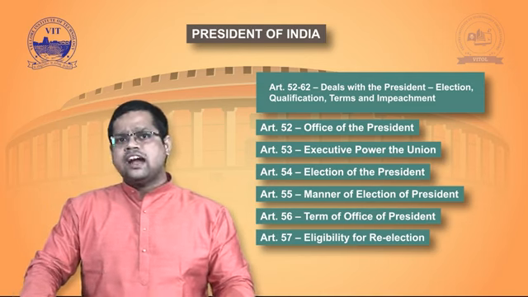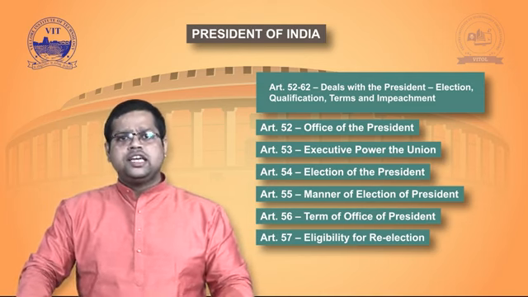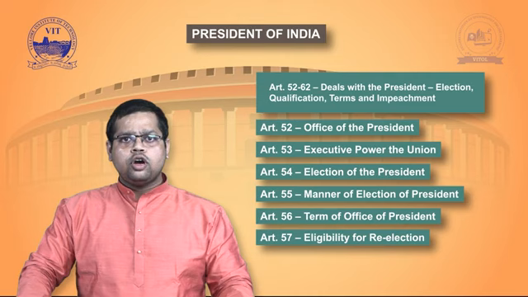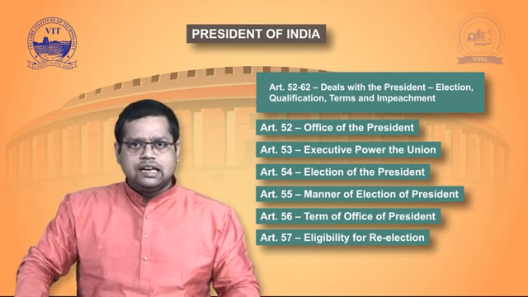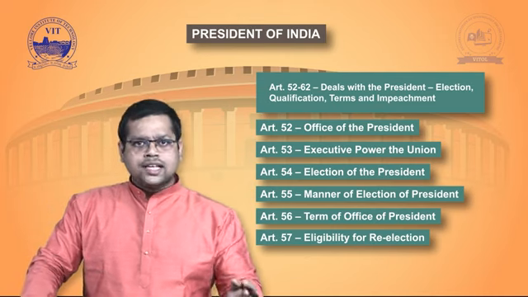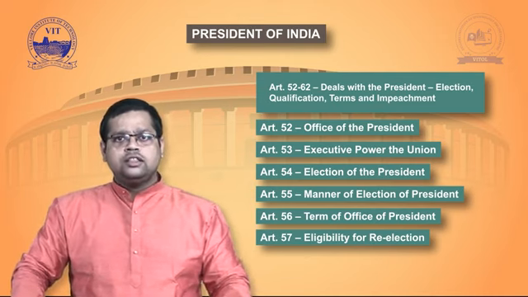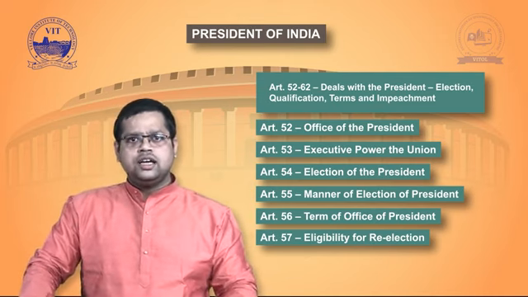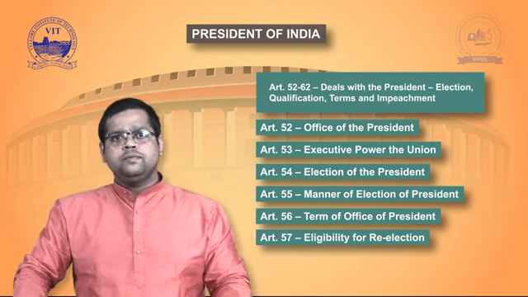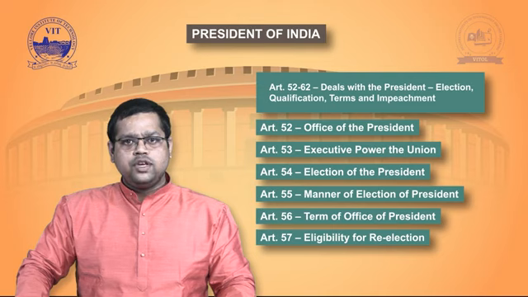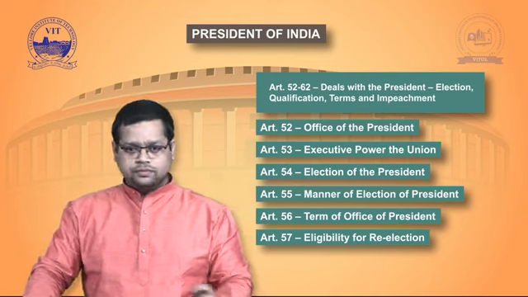In India, that is not the case. A person can continue in office for as many terms as he wants, and there is no legal bar. As a side note, the longest serving Indian president is Shri Rajendra Prasad, who served as the President of India for almost 12 years.